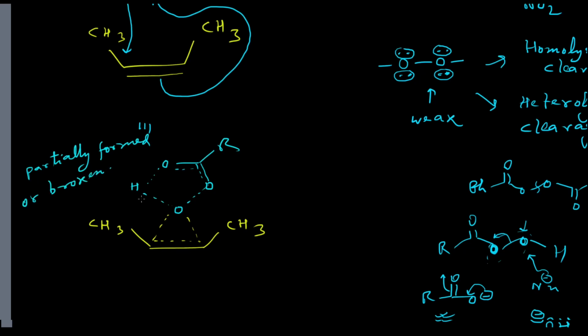Since this OH bond is partially breaking, it is shown as a dashed bond. And since these two oxygen-carbon single bonds are going to form, they are also represented as dashed bonds. So this is the transition state of this one-step epoxidation reaction.